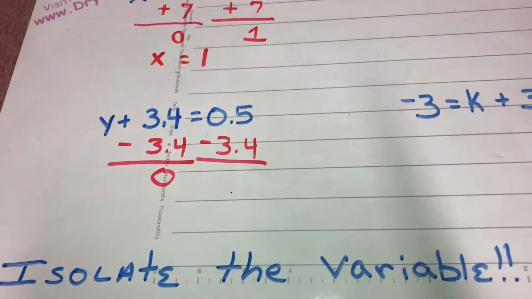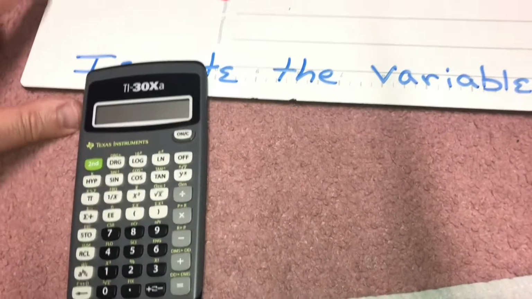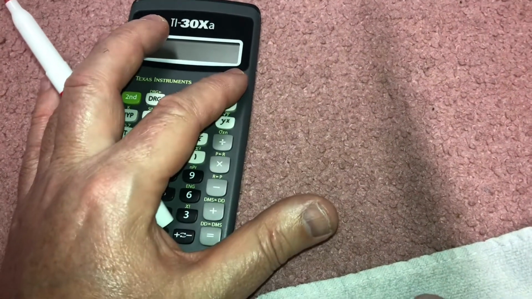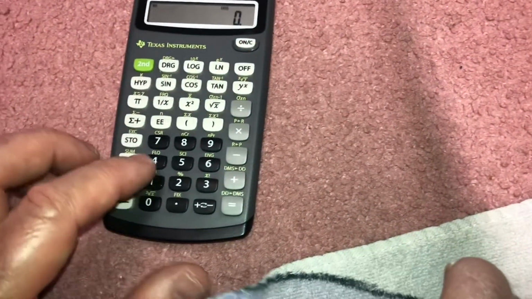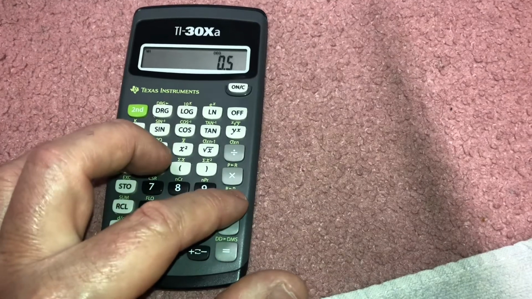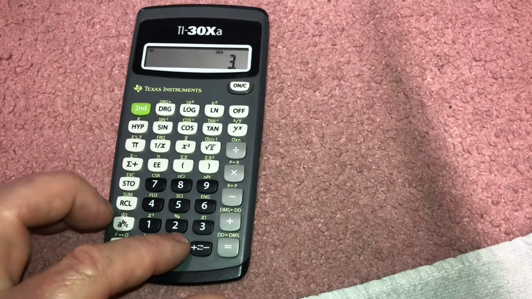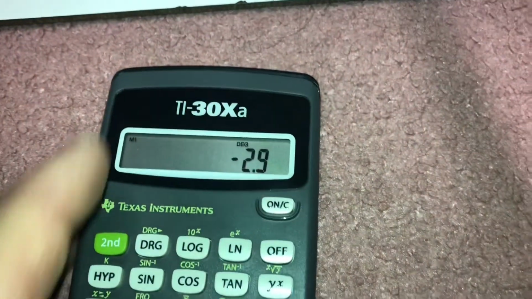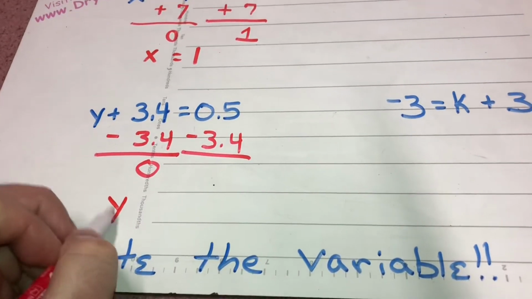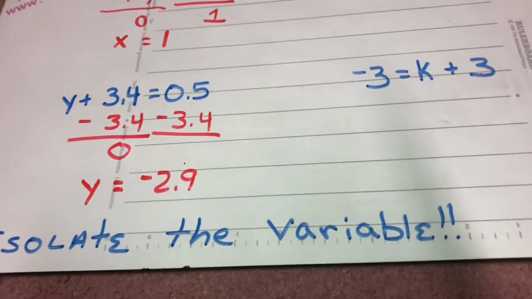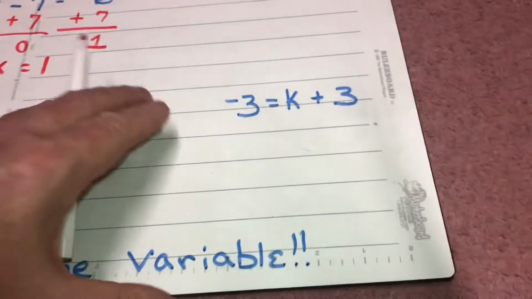As an 8th grader, you have the option to use your calculator here, because you're going to get into negative and positive numbers. We plug in 0.5 minus 3.4, and that equals negative 2.9. So I'm left with y over here. y equals negative 2.9. All right, let's go to the next one.